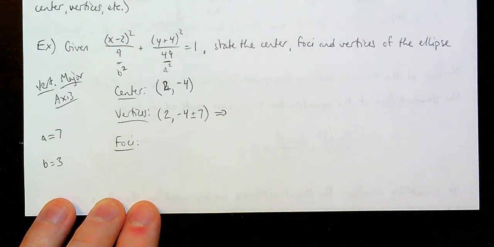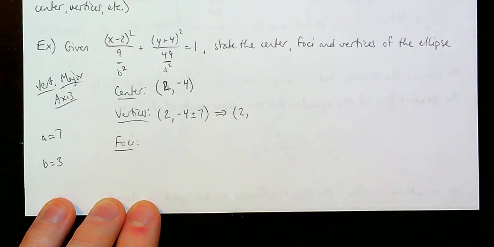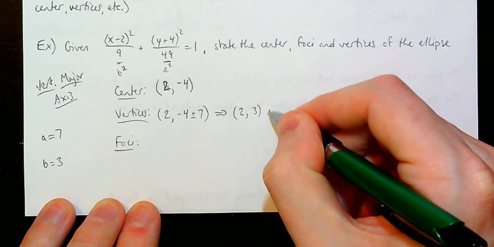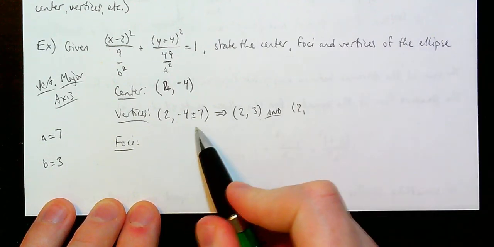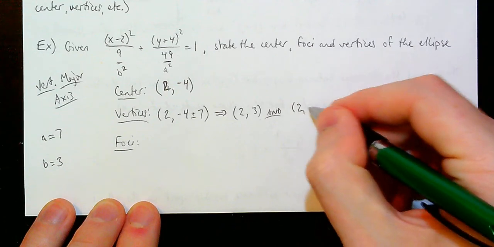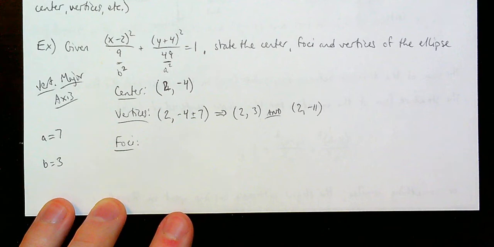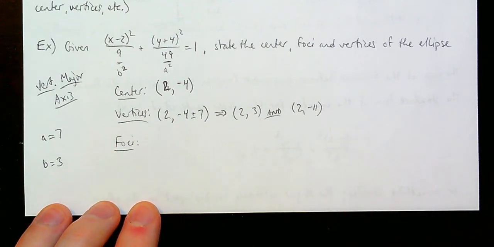So I can have (2, -4 plus 7), which is (2, 3). And we can have (2, -4 minus 7), which is (2, -11). So those are our vertices for this particular ellipse.